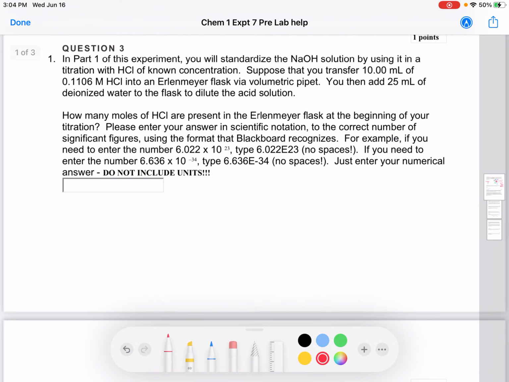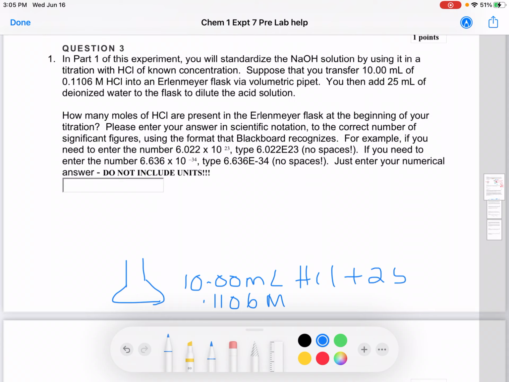Let's say this is the Erlenmeyer flask. You add 10.00 milliliters of 0.1106 M HCl, and then you add 25 milliliters of deionized water. So you add 10 milliliters HCl plus 25 milliliters water.